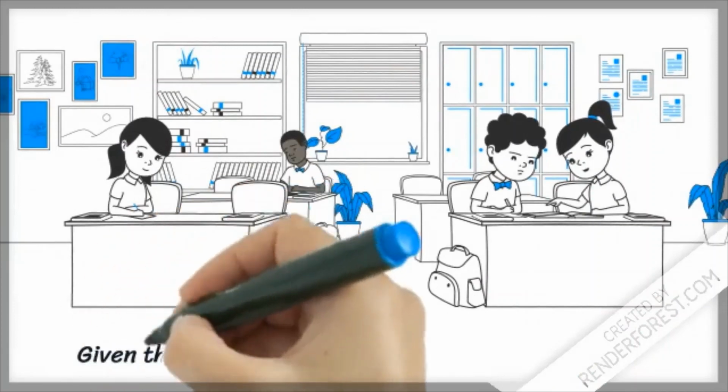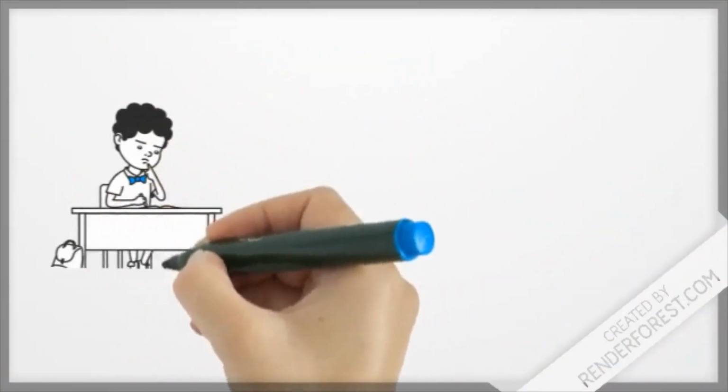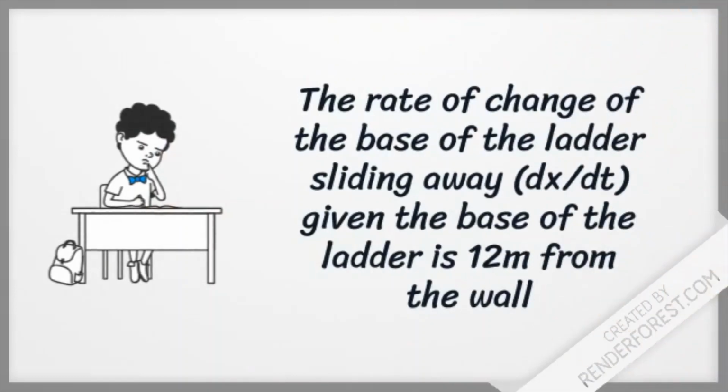Okay, so there are a few things that are already given by the problem and a few things that the question wants us to find. Firstly, the question wants us to find the rate of change of the base of the ladder sliding away, which means dx/dt, given the base of the ladder, which means x, is 12 meters from the wall.